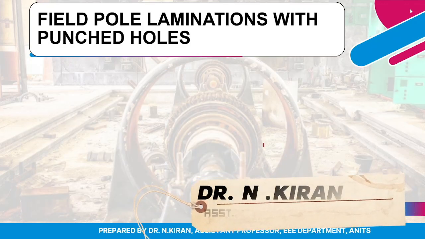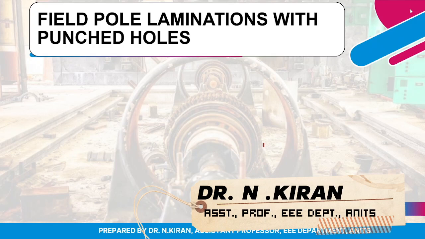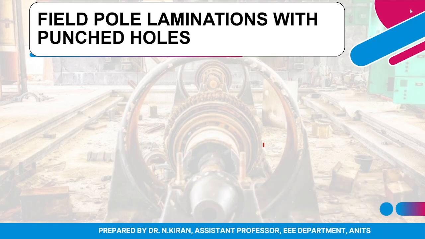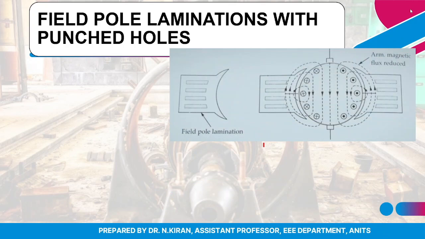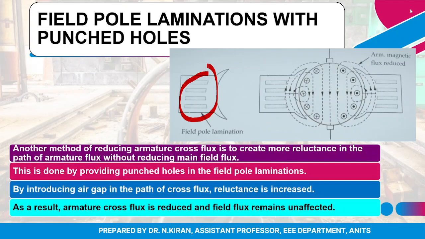The second remedy is using field pole laminations with punched holes. You can see there are holes present in the field pole laminations. This is one way of reducing the armature flux, because by doing so we are introducing an air gap in the path of the armature cross flux.